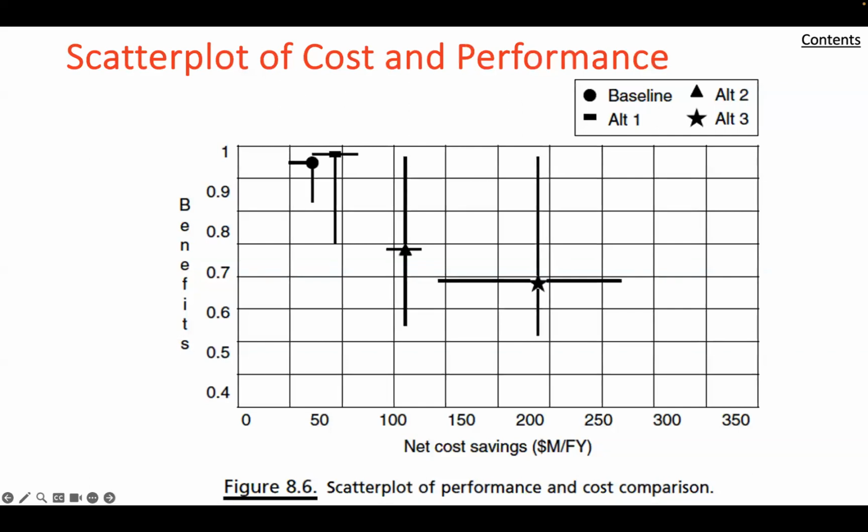So we'll move on here, and we'll also discuss the scatter plot of cost and performance that we're showing. All alternatives can be compared and ranked relative to each other to show the relative benefit to satisfy the objective. A scatter plot may be used to graphically display the performance and costs.